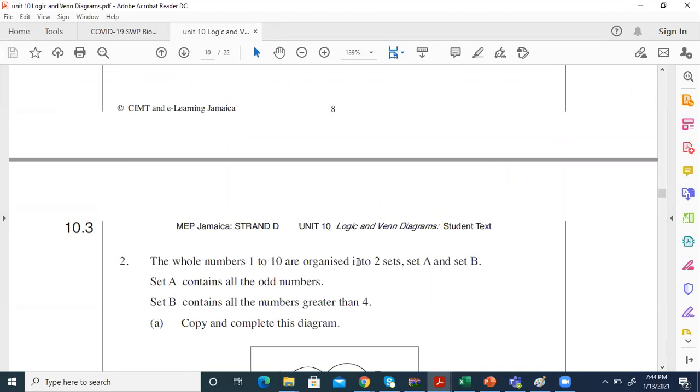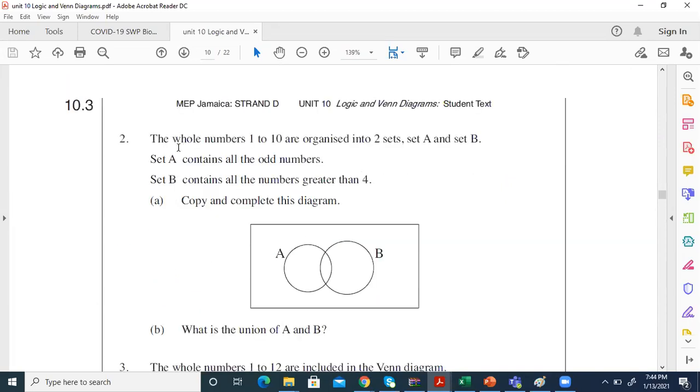Now the solution. Right here, the question says the whole numbers 1 to 10 are organized into two sets, set A and set B. Set A contains all the odd numbers, and set B contains all the numbers greater than 4.